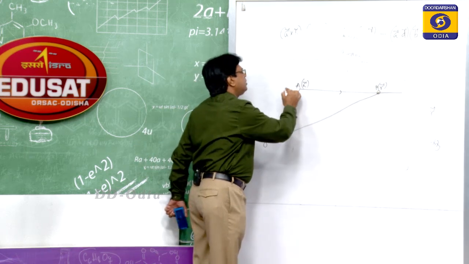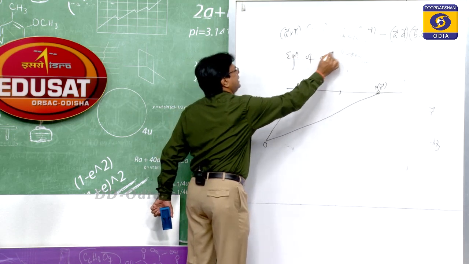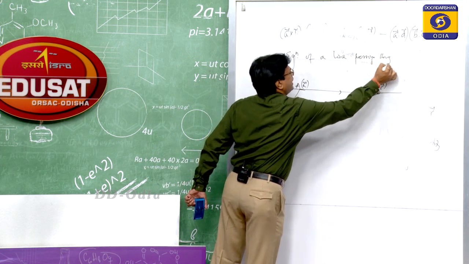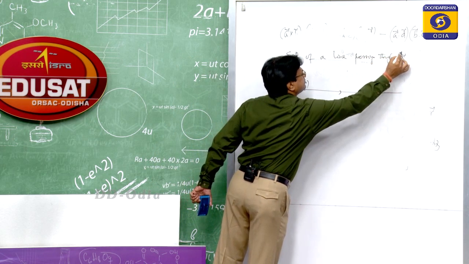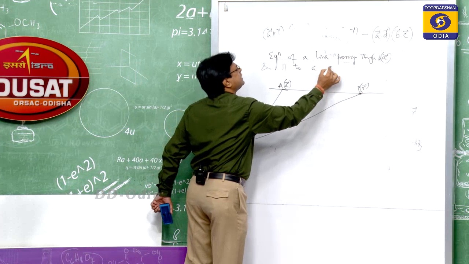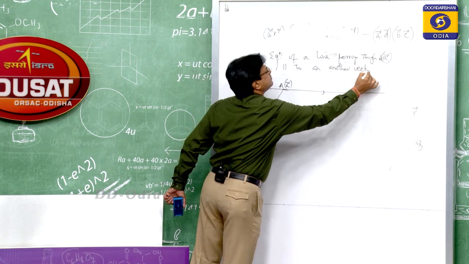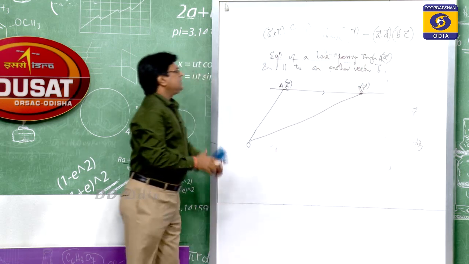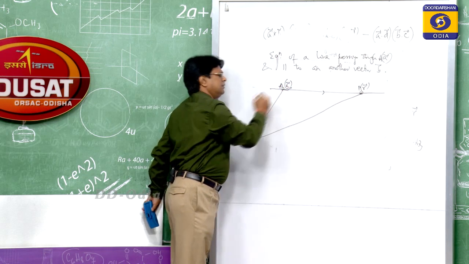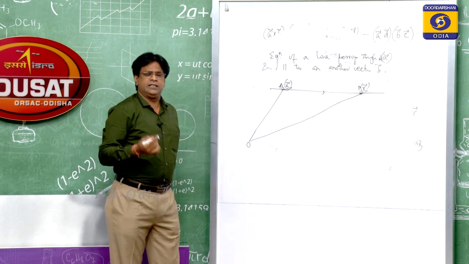Suppose you have to find the equation of a line passing through a point A and parallel to another vector B. So, suppose this is your vector A, and this line passes through the vector A. Now, we take a variable point whose position vector is r.